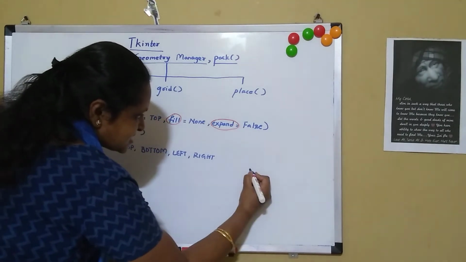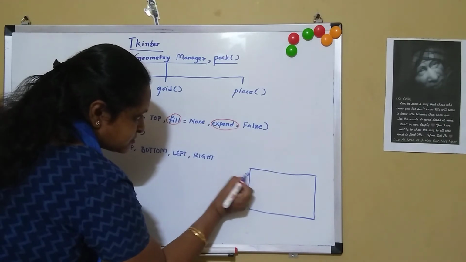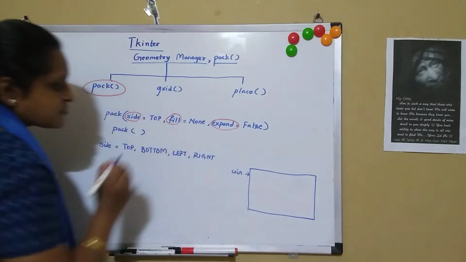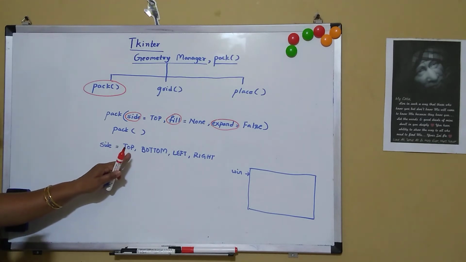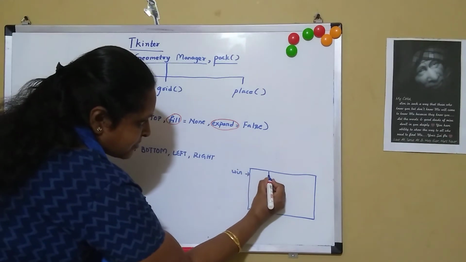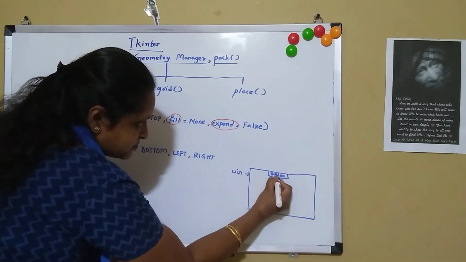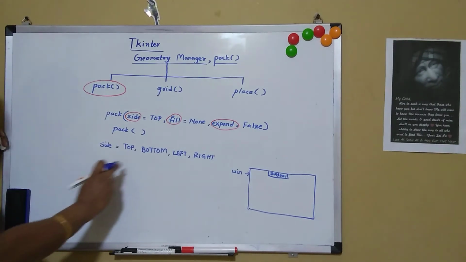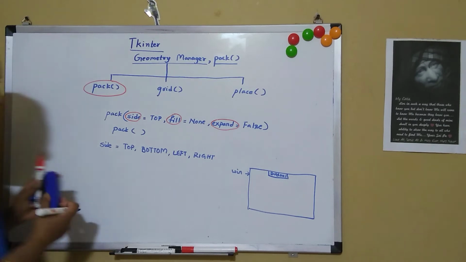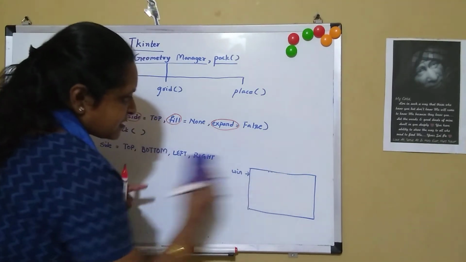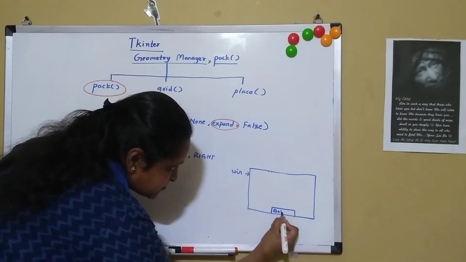So suppose this is the screen. This is my window which I have created. And now if I say place the button widget on the top, then my button widget will come on the top, that is button 1. Now if I say place my button on the bottom, then it will come in this particular position, that is the bottom.